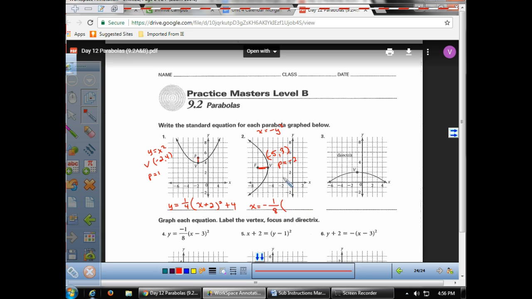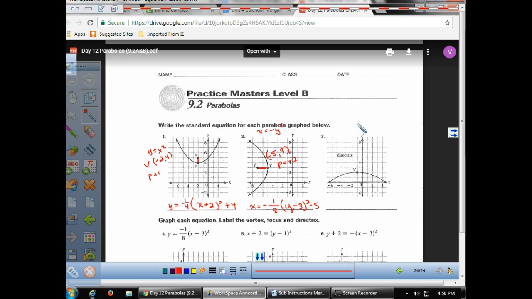And then I'm going to have the y, this is where it gets tricky, y minus 3, be careful here, and then I have -5. So the vertex is -5, 3, and that matches what we have here, so that's the equation there.